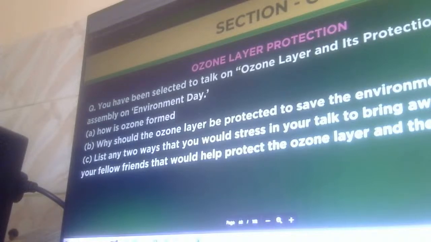Ozone layer depletion and protection. Ozone is formed when O2 molecules are broken in the presence of UV rays to form single oxygen atoms, and these single oxygen atoms combine with molecular oxygen to form O3, known as ozone.